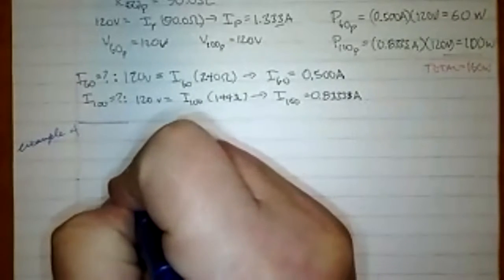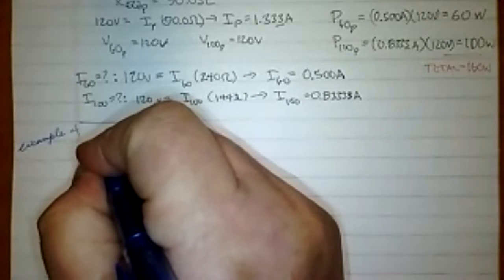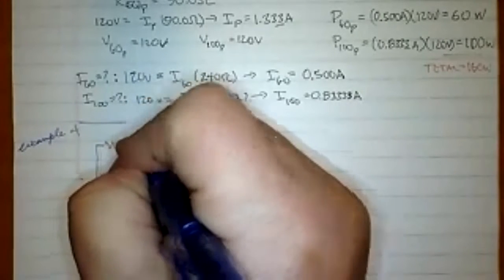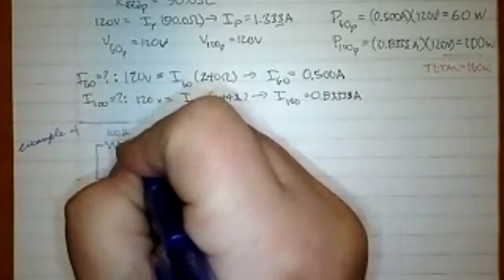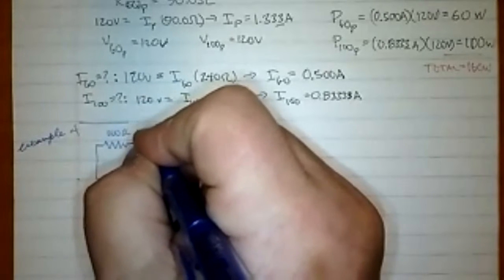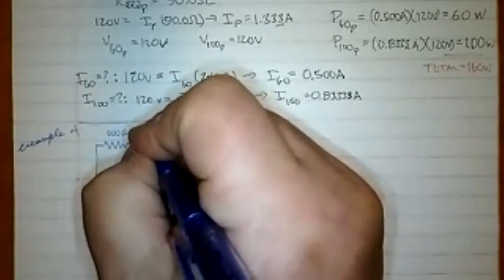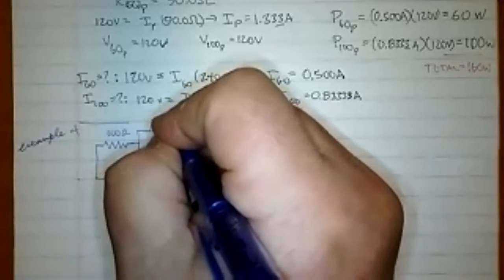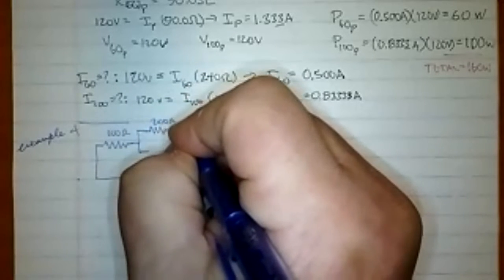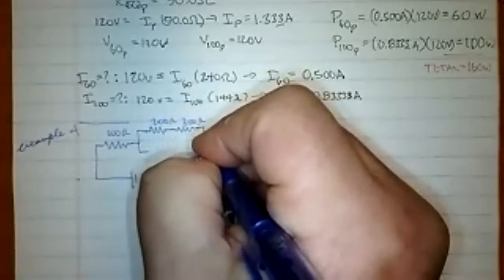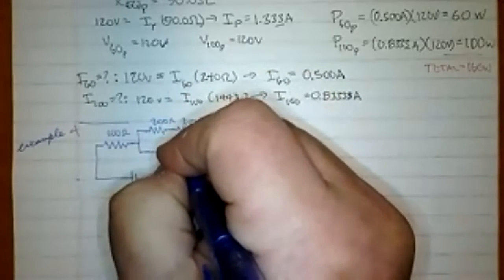Okay, in this case, I'm going to just imagine a battery. And you might notice the pattern here. That's a 100 ohm resistor that runs into a parallel bank of resistors, one leg of which has 2 resistors in series, and the other leg of which is just one.